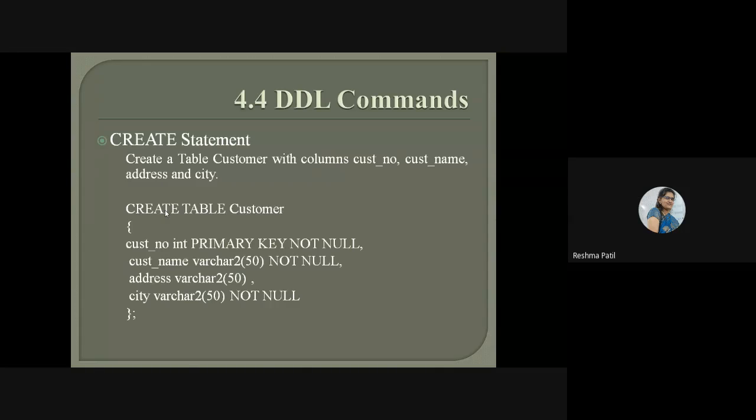Create table customer, in bracket cust underscore number space integer. This is the data type. Space primary space key. Here you can mention this is a constraint. Primary key space not space null. This is also the second constraint.